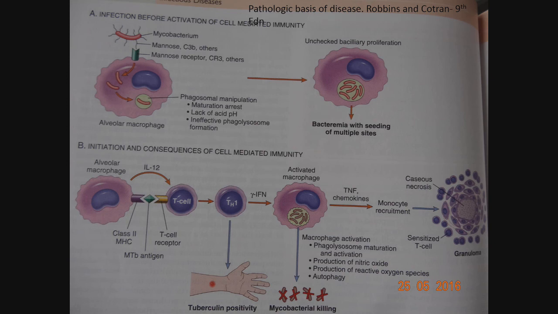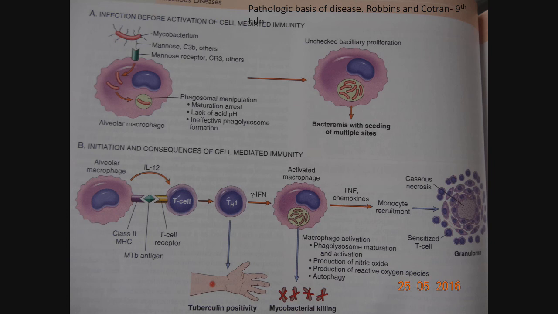This interferon activates the macrophages. These activated macrophages are very powerful, very strong. So now the block doesn't work. In these activated macrophages, the phagosome fuses with the lysosome, so the bacteria can no more block the fusion of phagosome with the lysosome.